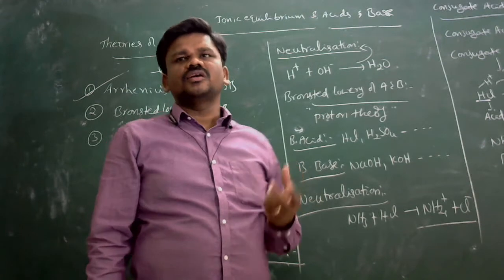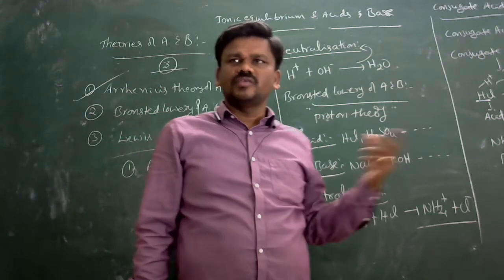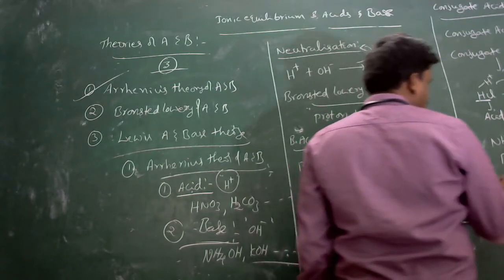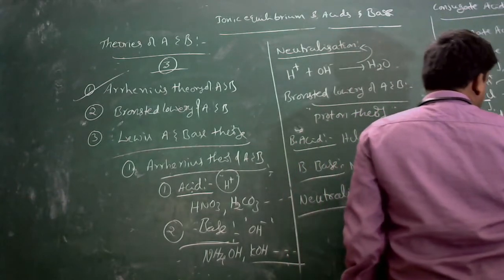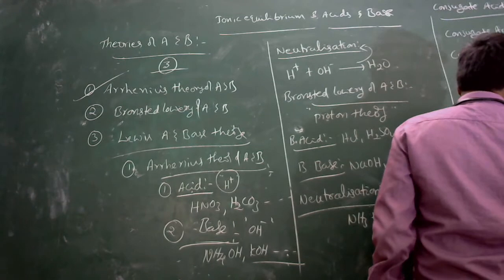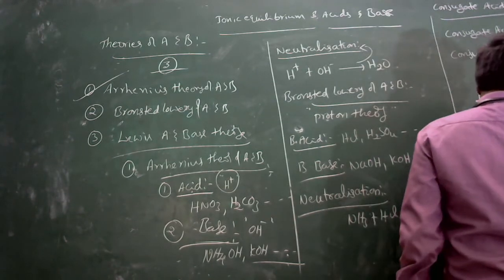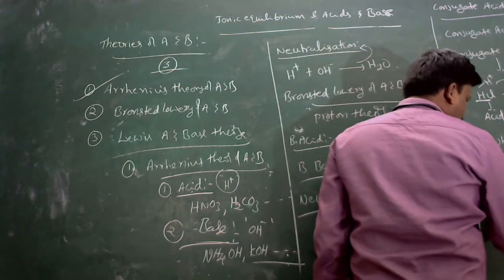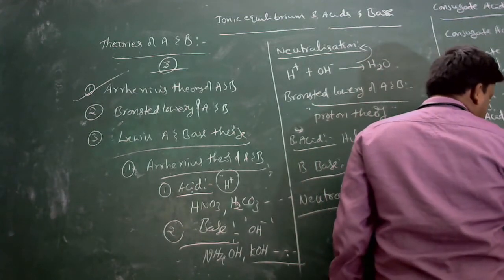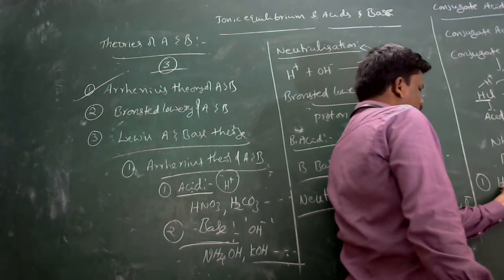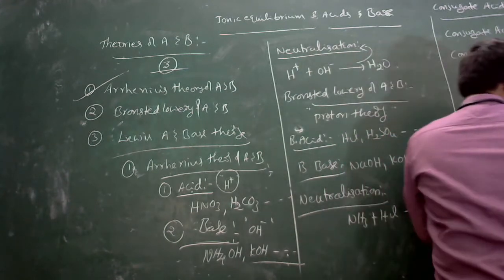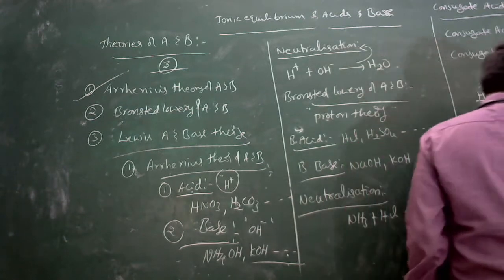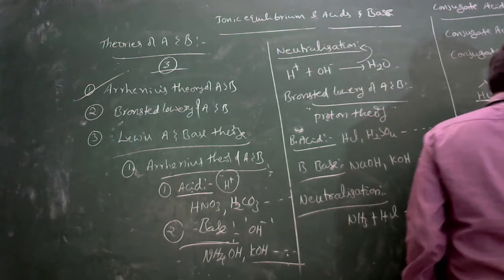Identify the conjugate acid base pairs for a given equilibrium system. For example, the first one: HCl plus NH3 gives NH4+ plus Cl minus. HCl is the acid and NH3 is the base. HCl is converted into Cl minus, the given substance minus H+, which is the conjugate base.